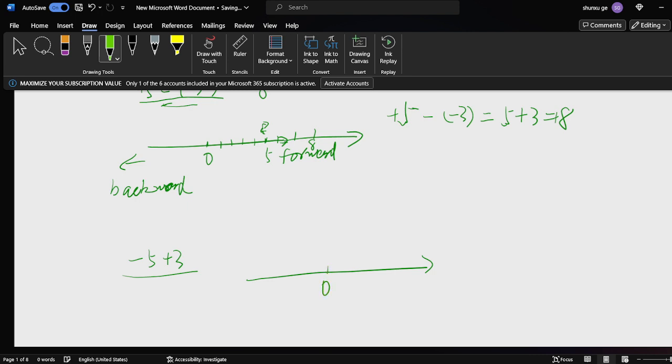So this is 0. Because here is negative, negative would mean backward. 1, 2, 3, 4. Okay, backward 5. Then, because it's a positive, it means... let's see.